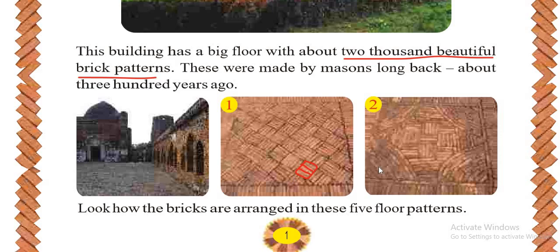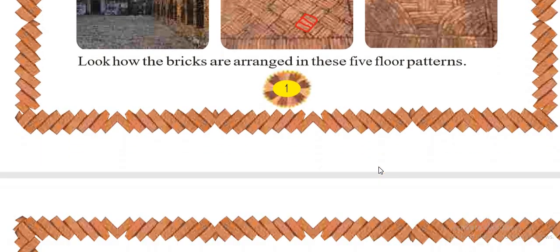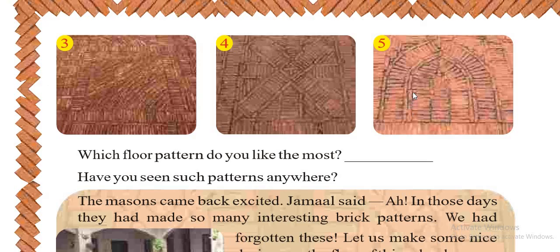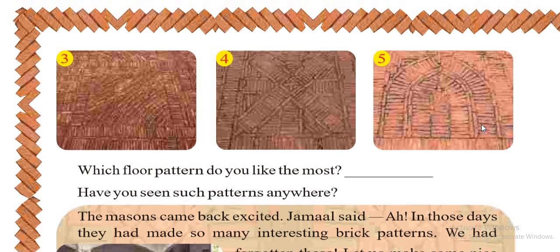You can see that. See, this is a different pattern of bricks arranged in a different way. See, here there is a cross mark. Here the bricks make a pattern which looks like a gate. So there are different patterns.